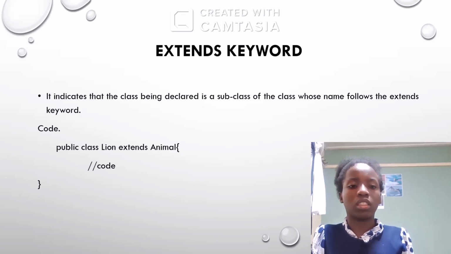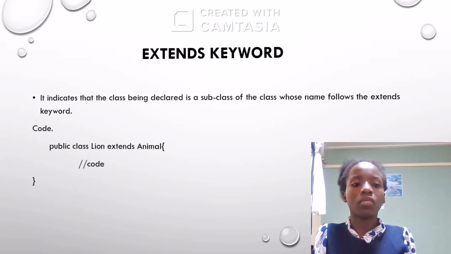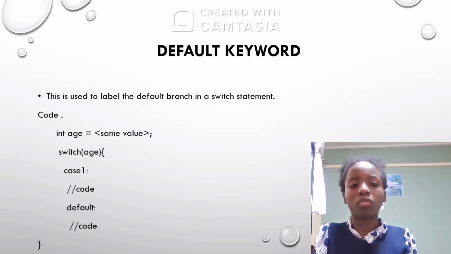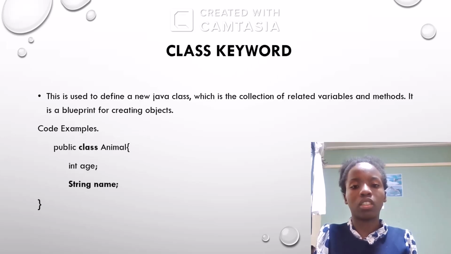It indicates that the class being declared is a subclass of the class whose name follows the extends keyword. And another primitive type, the double keyword. It is a primitive type which may store a double precision floating point value. Then default keyword is used to label the default branch in a switch statement.